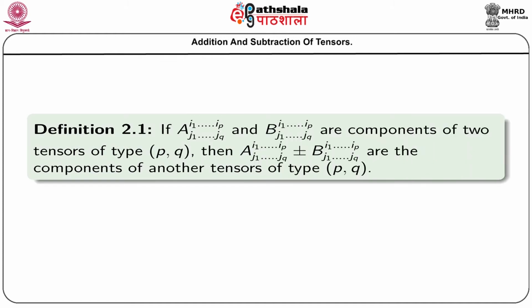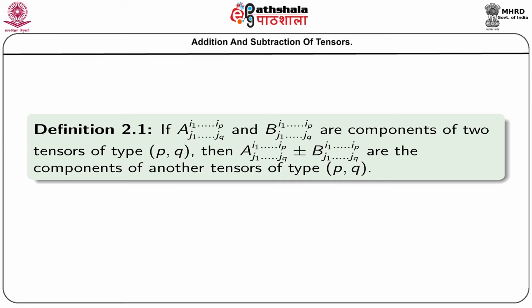Now, addition and subtraction of tensors. If A i1, i2, ip, j1, j2, jq and B i1, i2, ip, j1, j2, jq are components of two tensors of type (p,q), then addition or subtraction of the components will also form another tensor of type (p,q).